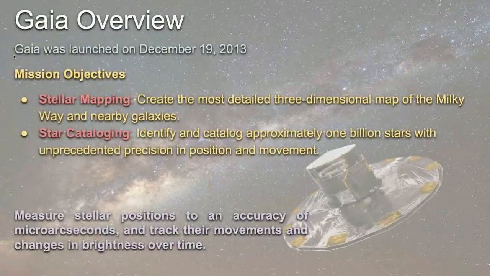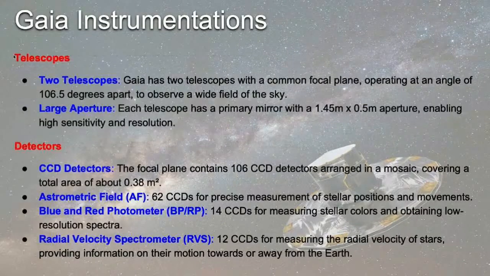The overview of Gaia: Gaia was launched in December of 2013. The objective of the mission was stellar mapping, to create the most detailed three-dimensional map of the Milky Way and nearby galaxies, and to identify and catalog approximately 1 billion stars with unprecedented precision in position and movement. Gaia has 2 telescopes with a common focal plane, operating at an angle of 116.5 degrees.